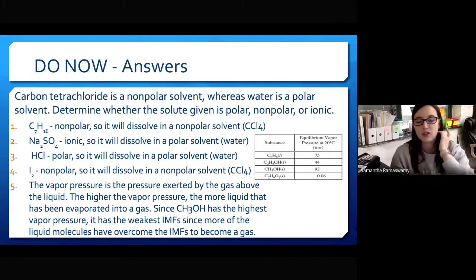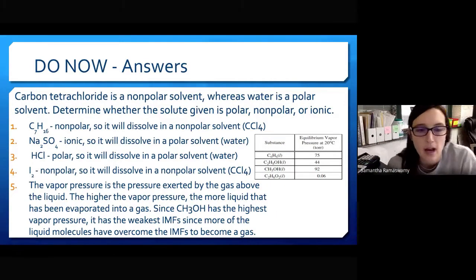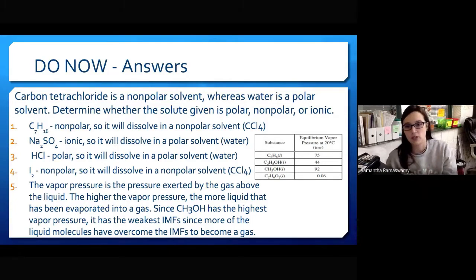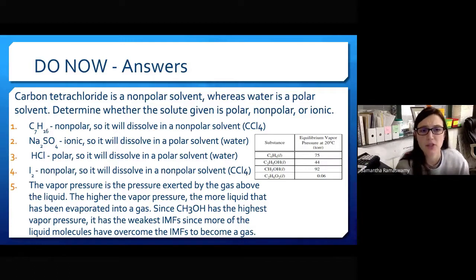I'll just put the answer slide up while I talk through them. And again, you can double check and make sure that you have all of these on your do now sheet as well. So then for number 2, we had Na2SO4. Na2SO4 is ionic. Remember, you always want to look at, is the solute polar, nonpolar, or ionic?